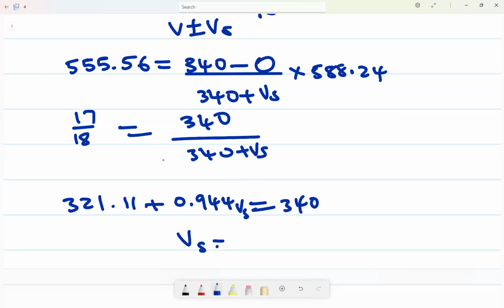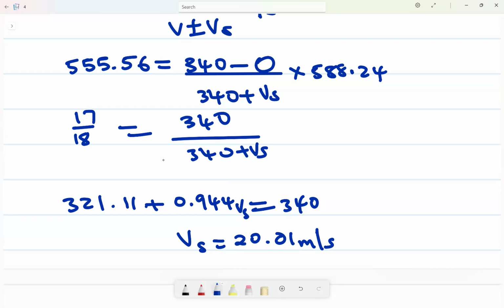Then please do your mathematics very well, and I'll just continue. 340 minus 321.11, then divide by 0.944. I get a velocity of 20.01 meters per second. If you avoid rounding off, you might maybe get an answer of 20 exactly.